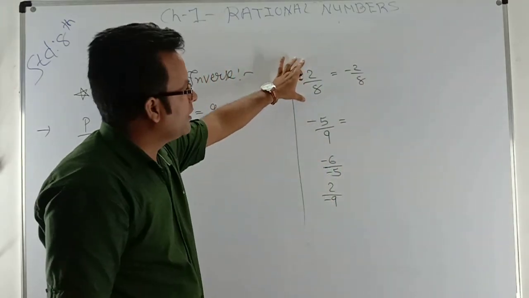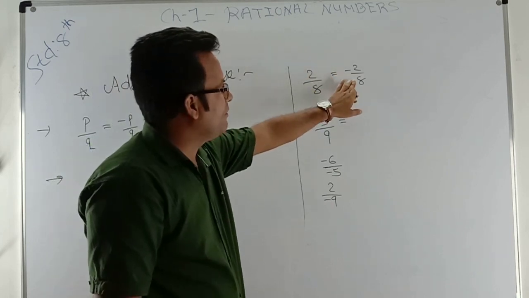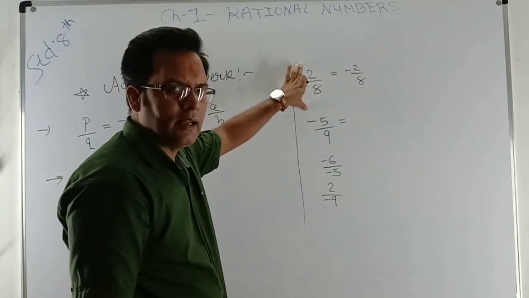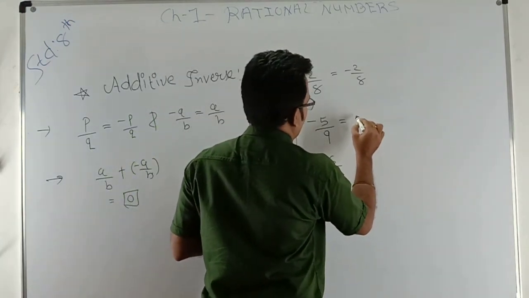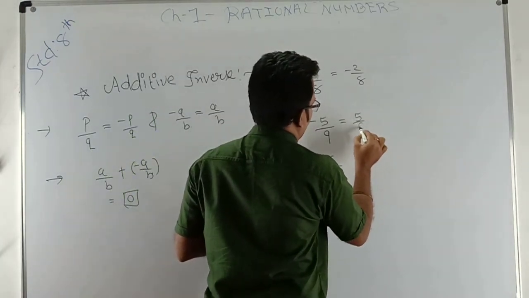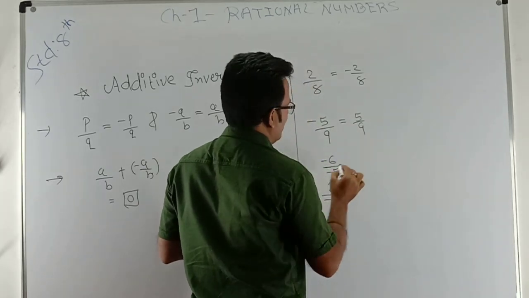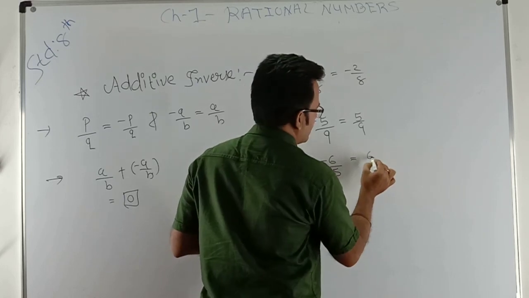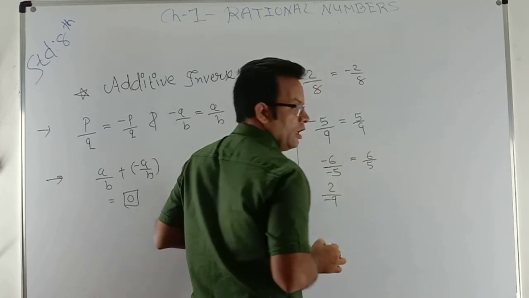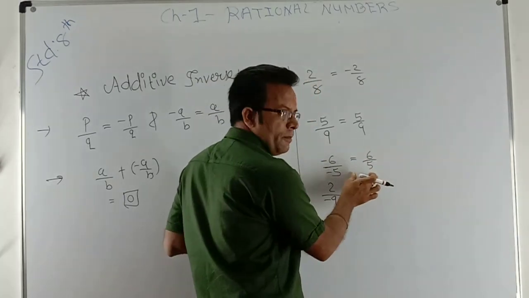Here minus 5. See, here the given number is positive. What we did, we just changed the sign and we made it negative. Here minus 5 upon 9, so it will be plus 5 upon 9. Same way here, minus minus is plus. So this is plus, but it should not be plus.